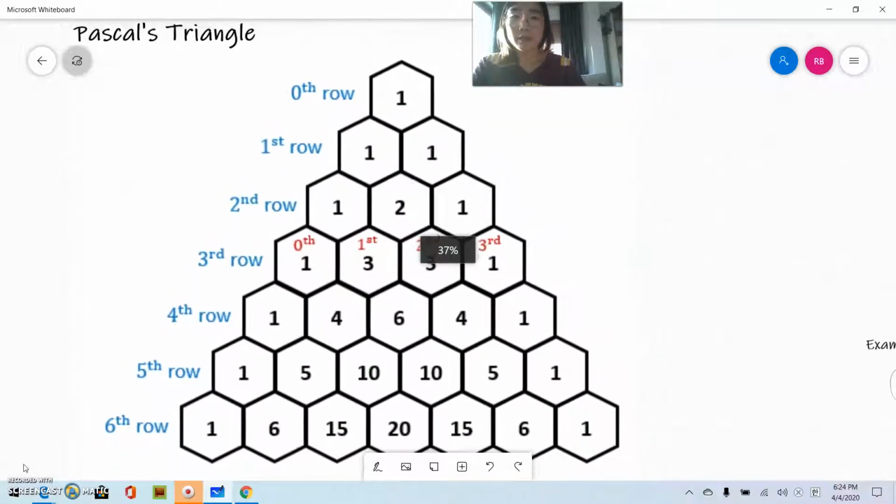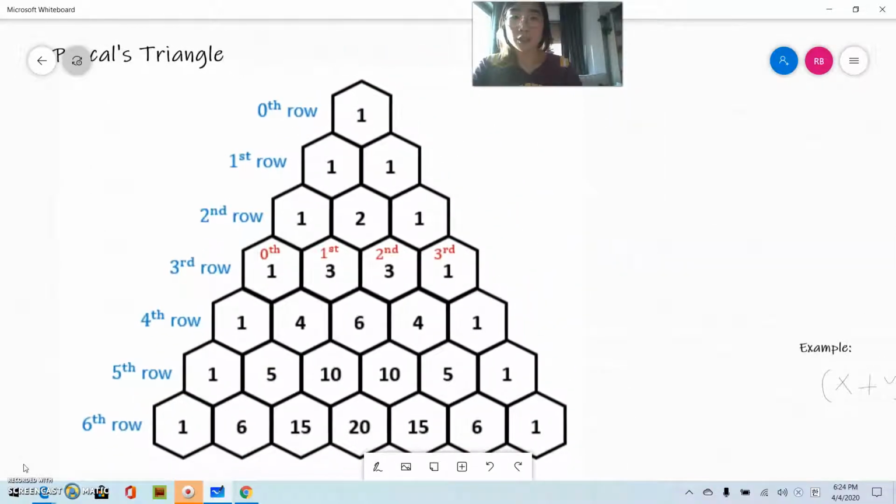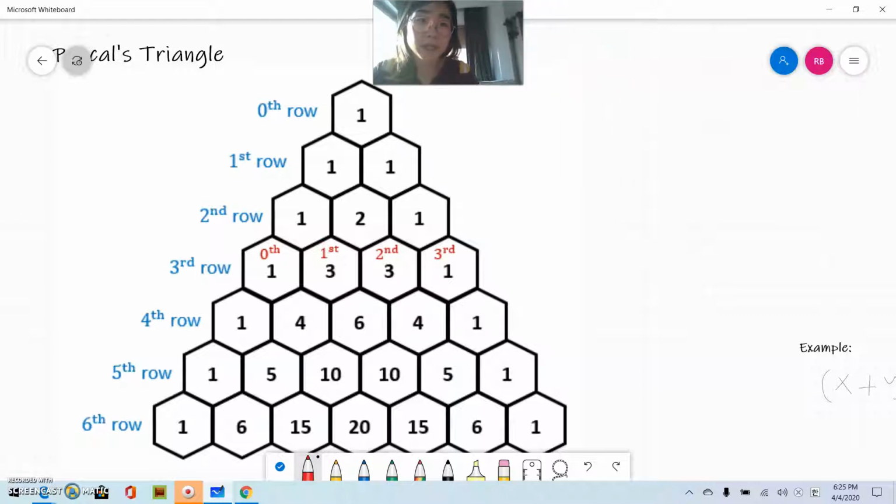I think in the video it briefly explained how it's used for binomial expansion. If you don't know what binomial expansion is, it's something that looks like this. Whenever you see something like (a + b) squared, cubed, to the fourth power or fifth power, the power itself doesn't matter.